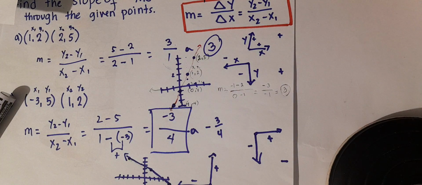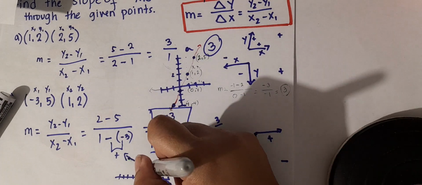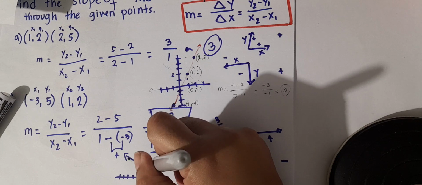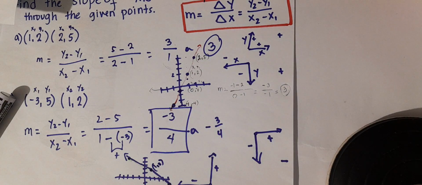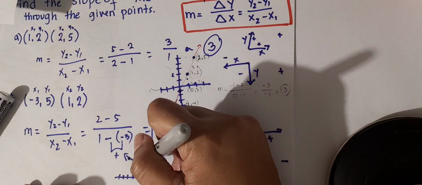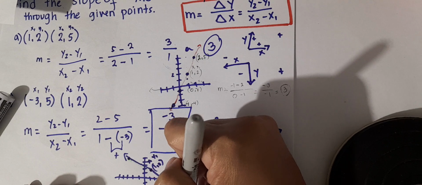Okay, now, if you want to check if you get the slope of this one, the 1 and 2, and the 5 and negative 1, if you'll get the same as this one, let's check. Let's say this is the x1, y1, x2, y2.